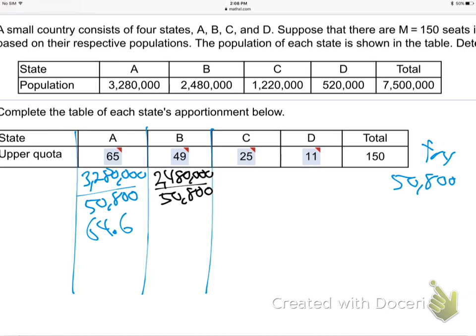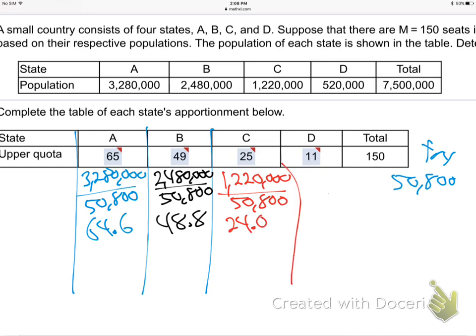I'm getting 48.8. And then the next one, 1,220,000 divided by 50,800. I'm getting 24.0.